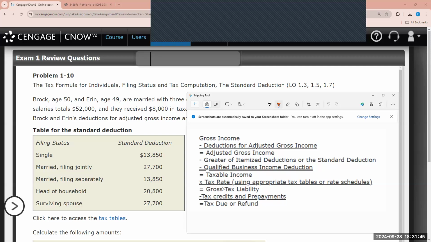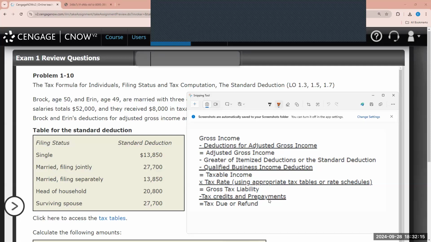From there, we multiply it by the tax rate using either the tax table or the rate schedules, and we just use the tax table. That gives us our gross tax liability, and from there we subtract tax credits and prepayments, and that determines our tax due or refund. So no matter how simple or how complex a tax return is, this is the formula that governs taxes due or refund to taxpayers.